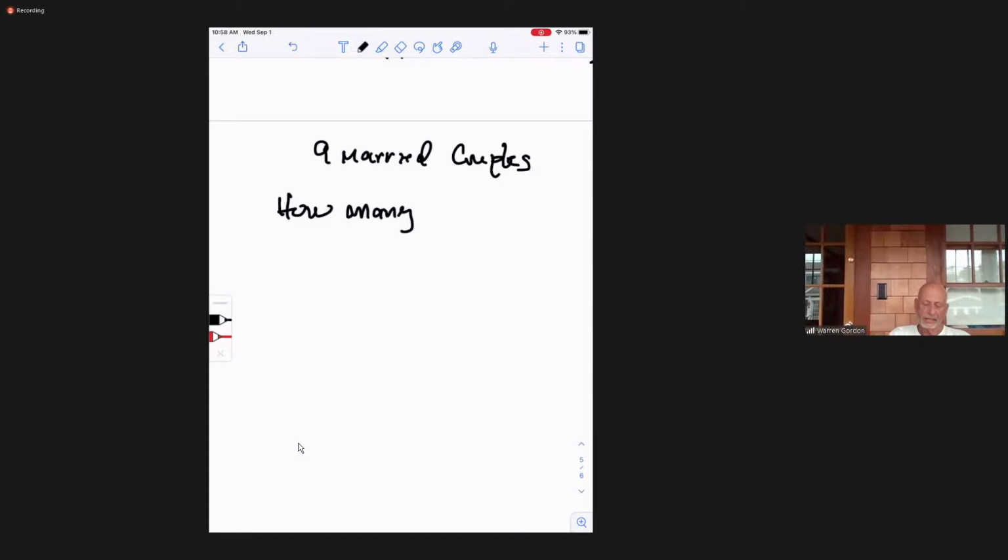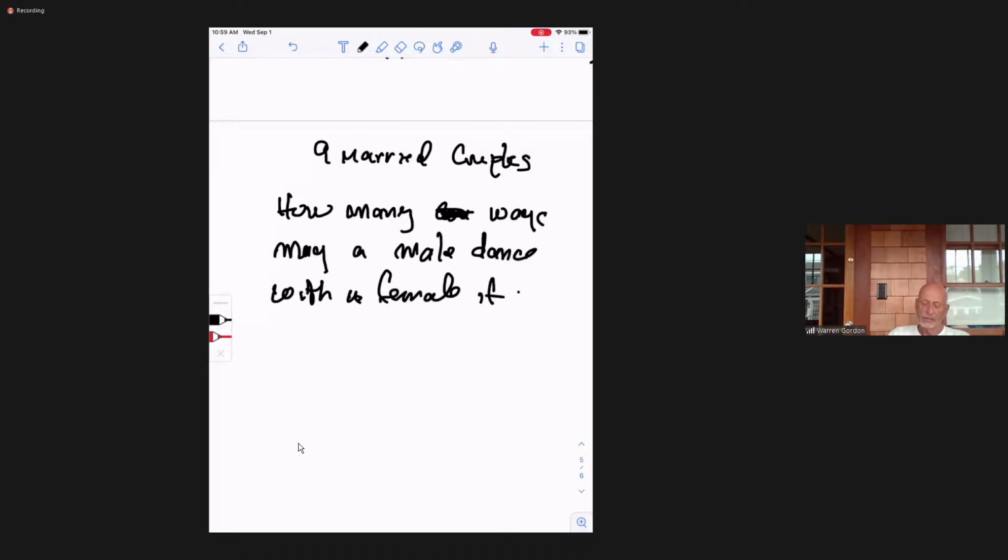How many ways may a male dance with a female, if no man is to dance with his wife? Now you'll see this is a pretty trivial problem, but I want to show an idea here.